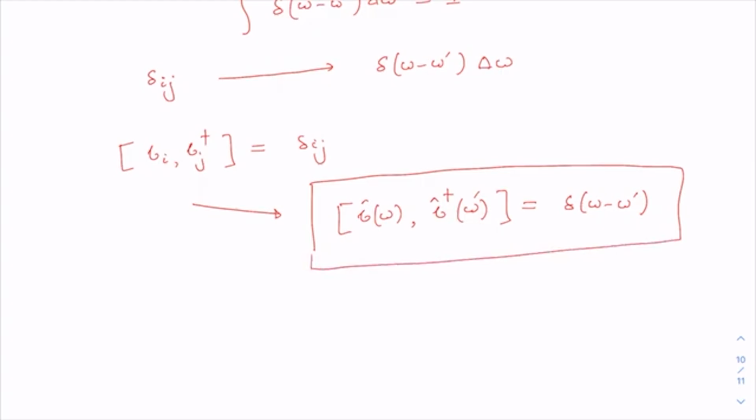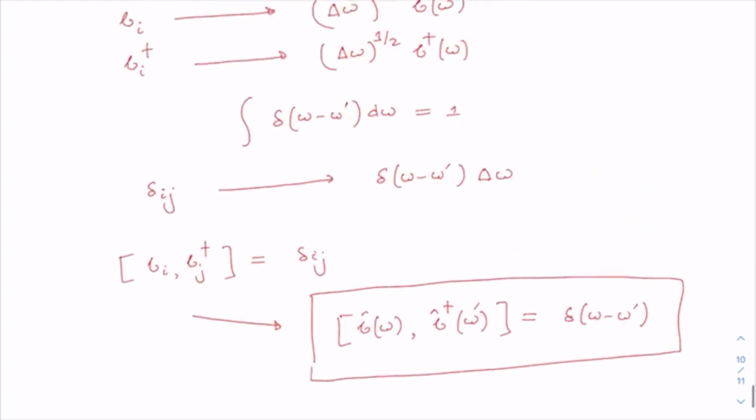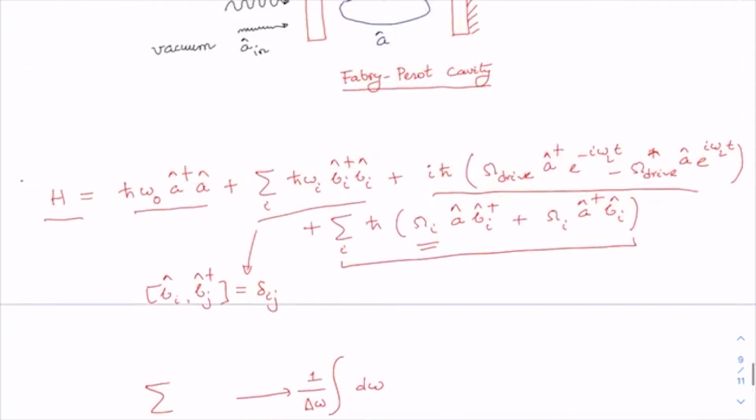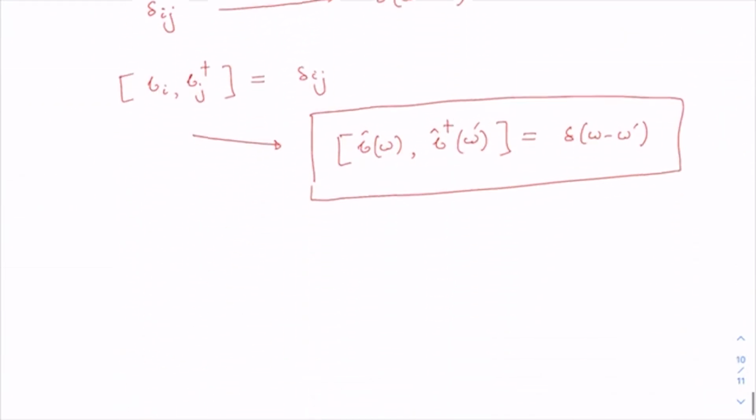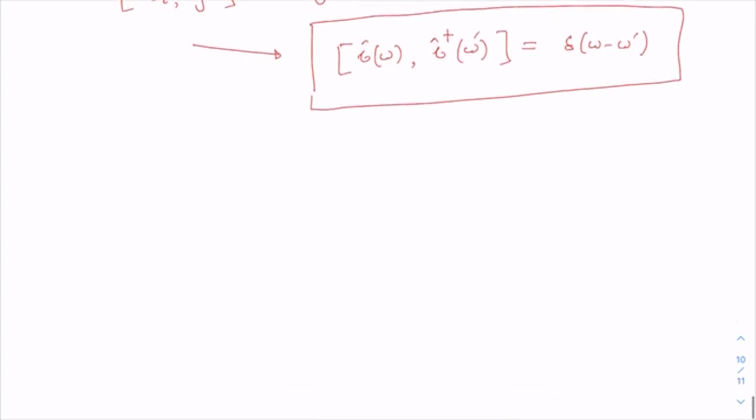So utilizing all this, now we can rewrite this Hamiltonian. This Hamiltonian is in the discrete space. Now in the continuum space, this Hamiltonian can be written as follows. We will write this Hamiltonian as h cross omega 0 a dagger a.